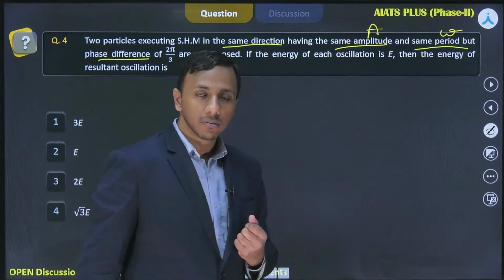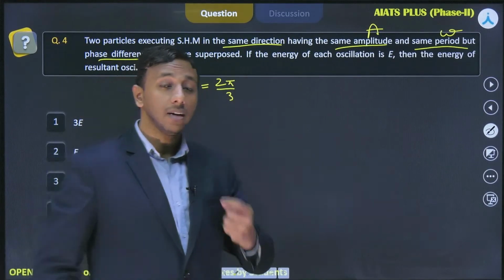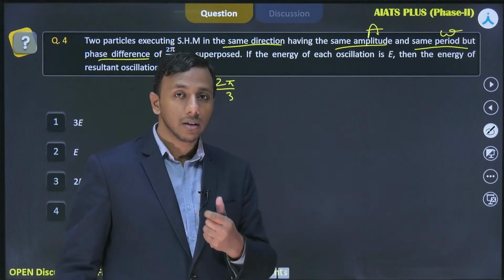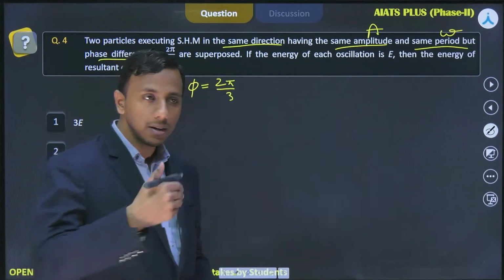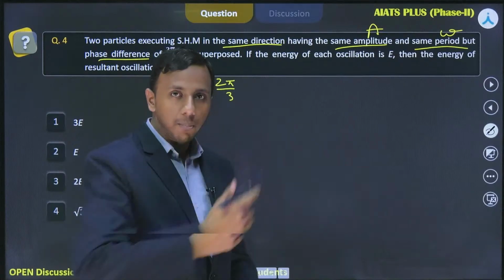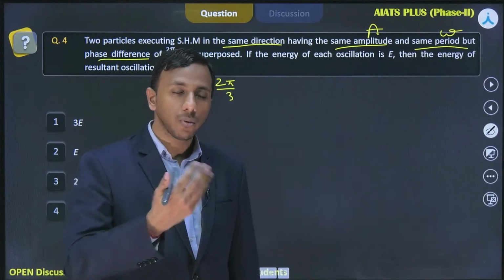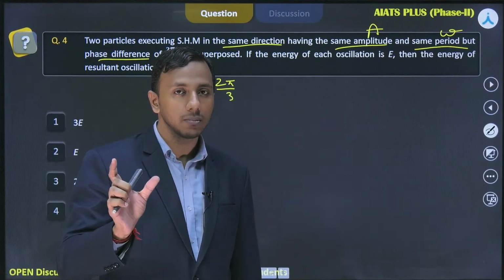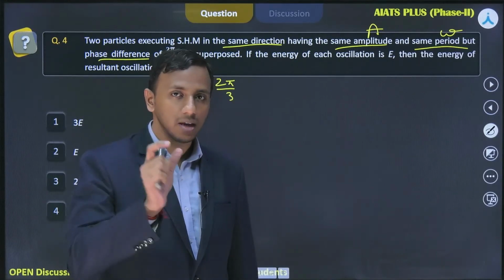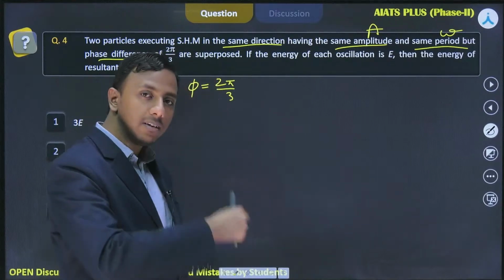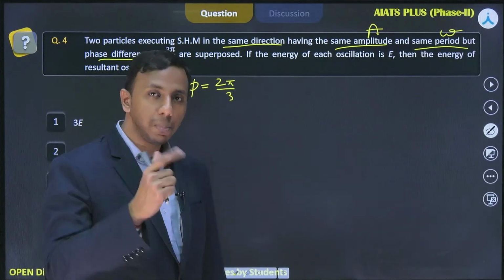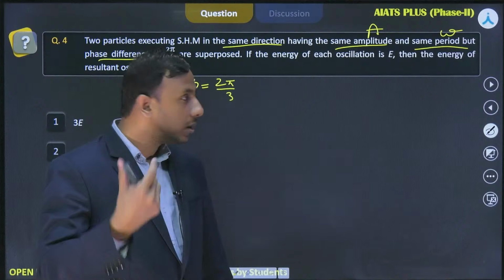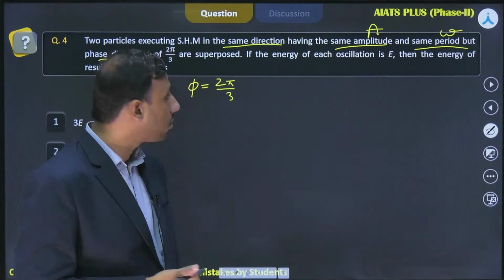Energy of oscillation is also given, and what was the energy of oscillation in an SHM? Let's say a spring is oscillating with a block attached at the other end. What was the total energy of oscillation? It was coming as half k A square, where k is the spring constant. But the energy is proportional to amplitude square. That's what I'm trying to stress over here.